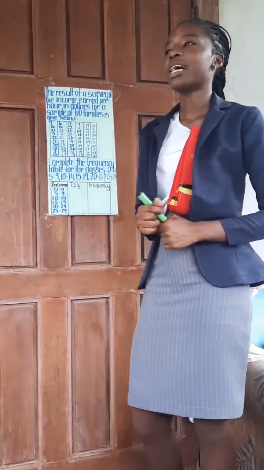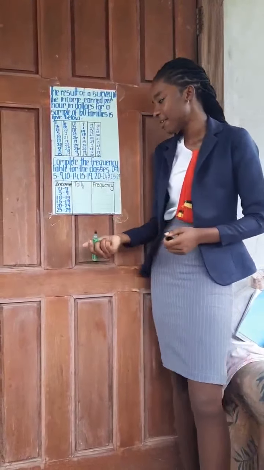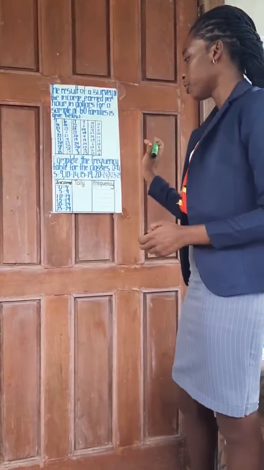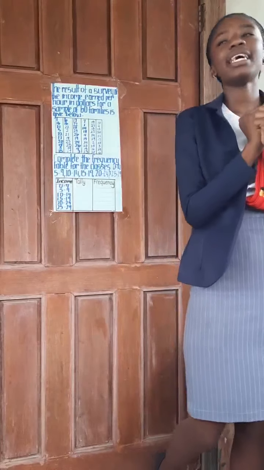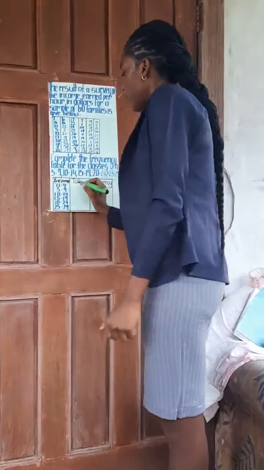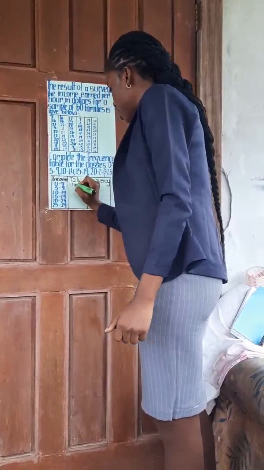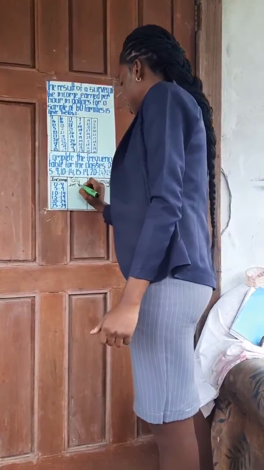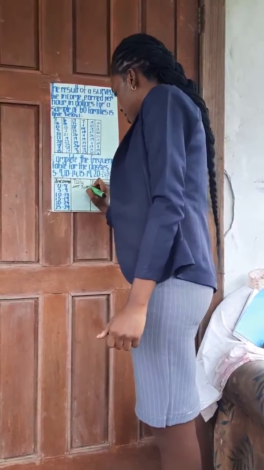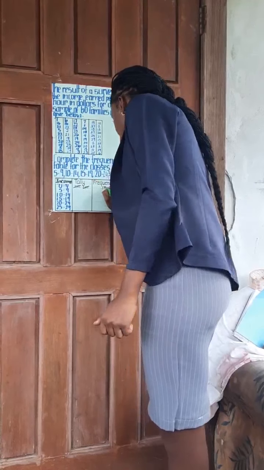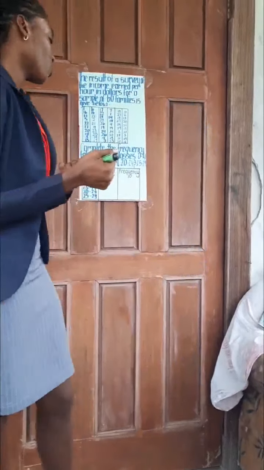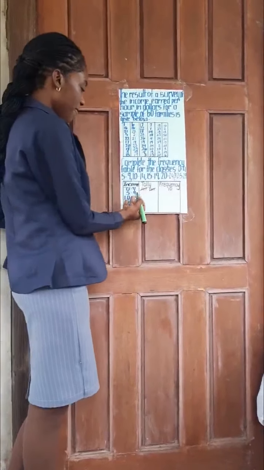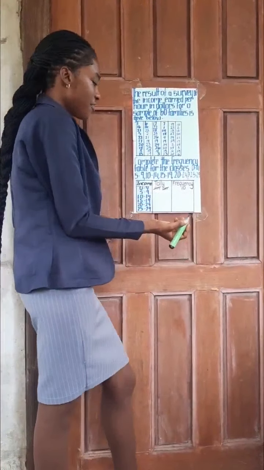Okay, Kirshmo and Philip, what did you guys have for your 0 to 4 tally? 10. Very good. So for your tally, it's 1, 2, 3, 4, 5, 6, 7, 8, 9, 10. Frequency is 10. Yes, Isaac and Elizabeth, what did you guys have for your 5 to 9? 3.